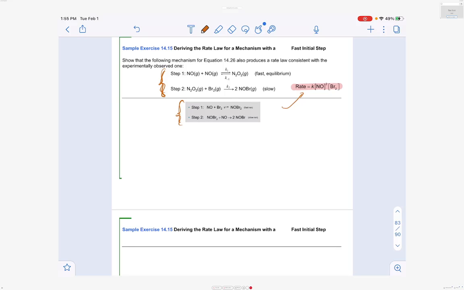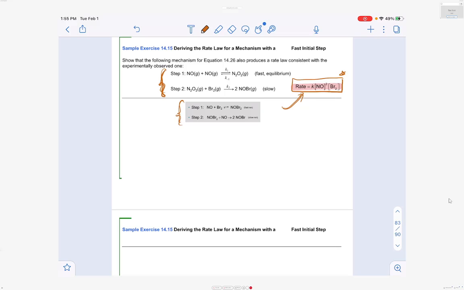Okay, so what I'm trying to say is when a rate law is given, multiple different varieties of mechanisms can agree to the experimentally found rate law. You can propose various different mechanisms. They just have to agree with the rate law.